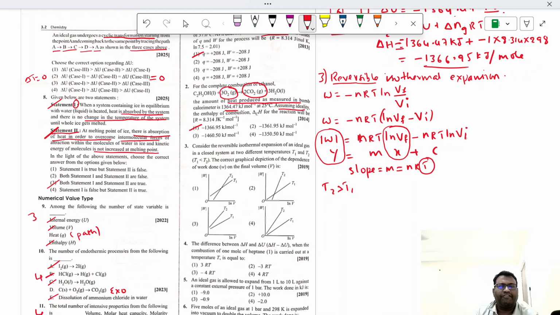The graph with T2 will have more slope because T2 is greater. As T1 is lesser, the slope for T1 is less. In all these, you are finding T2 has more slope than T1.